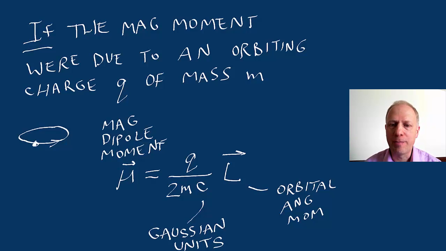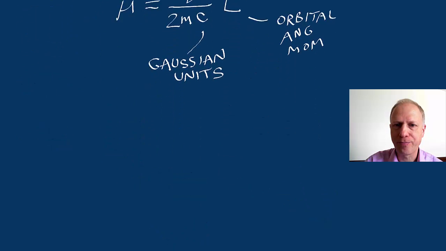Anyway, this formula gives a relationship between a hypothetical magnetic dipole moment of a tiny orbit of a tiny point particle carrying charge and its orbital angular momentum, and we're going to use that formula to form an analogous equation for the relationship between the intrinsic spin angular momentum and the magnetic moment of a particle like an electron.